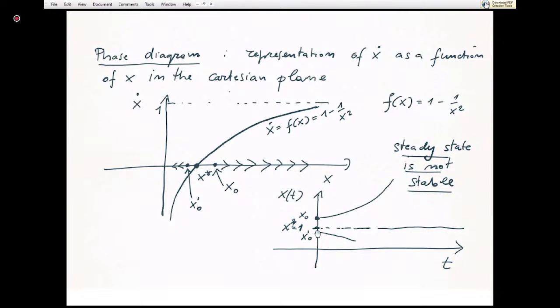So basically, the solution makes sense up to the point where this remains positive. When it reaches 0, the model is no longer valid, let's say. This is the basic idea. So I hope now it is clear what qualitative analysis can do, because in principle, here we don't have any control over the parameters of a linear equation, right? Because it's not linear, so how can we understand whether the steady state is stable or not?